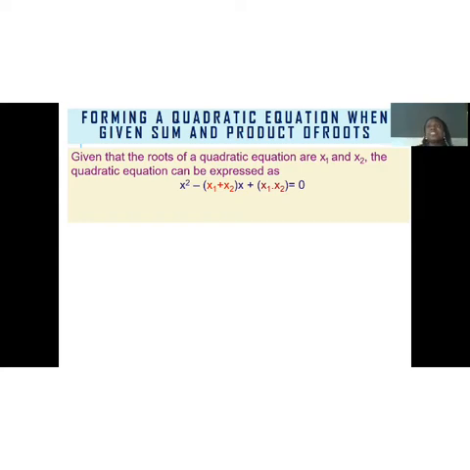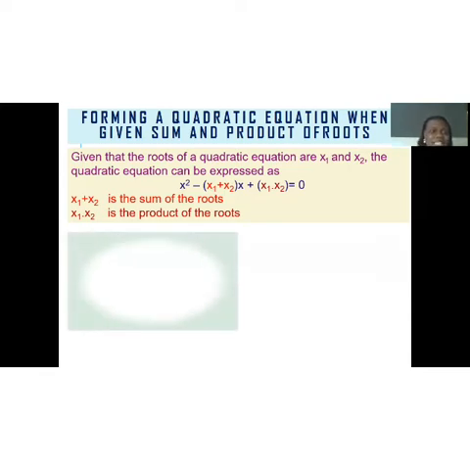So what that simply means is x squared minus sum of roots times x plus product of roots. It's actually easier than the other one. Don't worry, you get an example now and you understand. So x1 plus x2 is the sum of the roots, and x1 times x2 is the product of the roots. So it's actually more straightforward. So let's look at this.